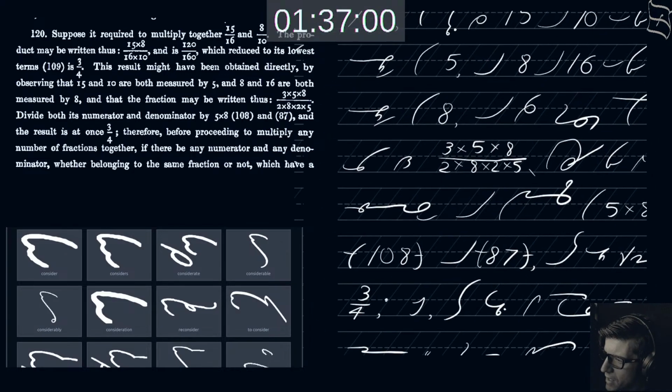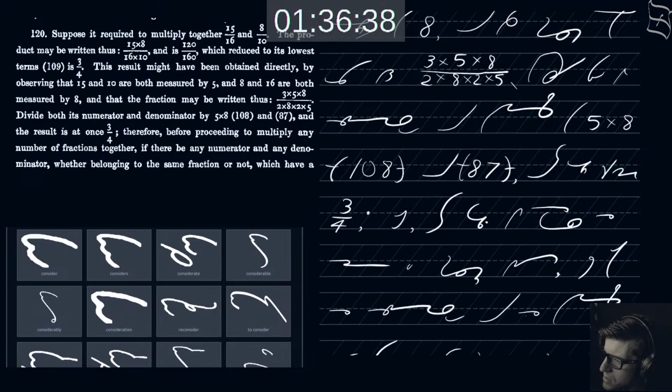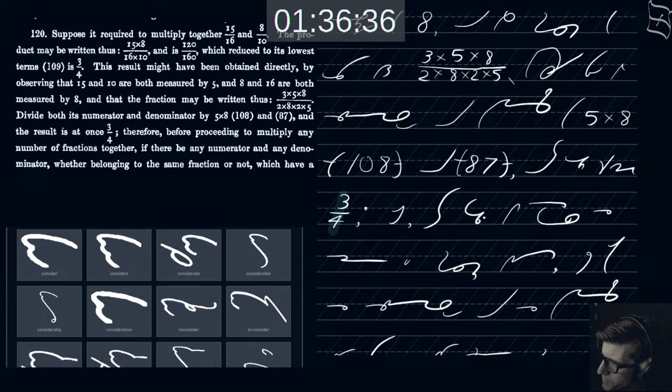Divide both its numerator and denominator by 5 times 8, according to Article 108 and also Article 87. And the result is at once 3 over 4.